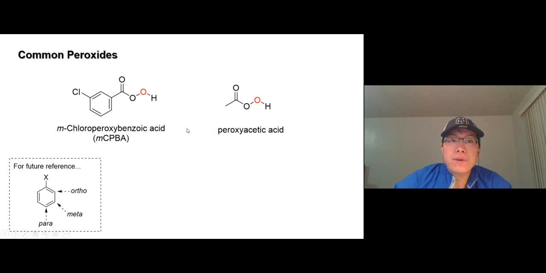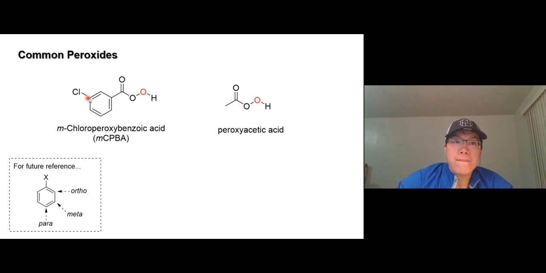All right. A little bit about the peroxide. The common peroxide to use in this reaction is meta-chloroperoxybenzoic acid. The word meta right here refers to a position on the benzene ring of the functional group. So this is the functional group. So this is the carbon that has the functional group. The first position is ortho, meta, and then para. You can go the other side too.